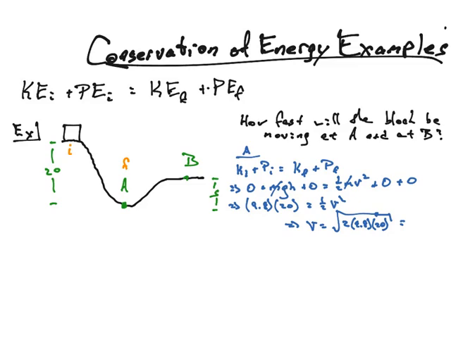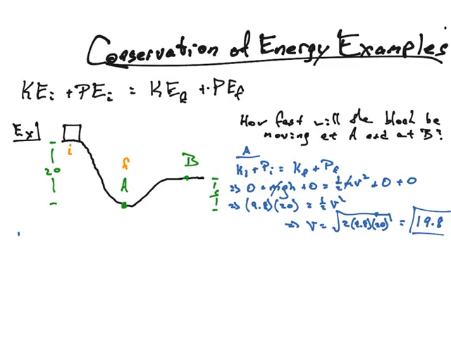Get out your calculator, and you write 2 times 9.8 times 20 square root, and we get 19.8. All right, good. So we now know the velocity of the block when it reaches location A.